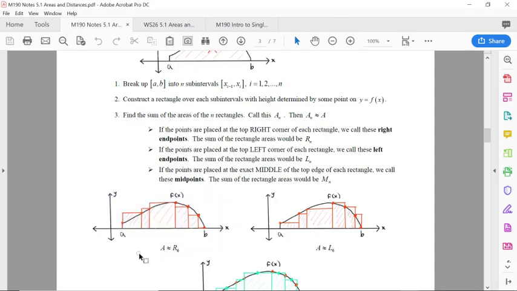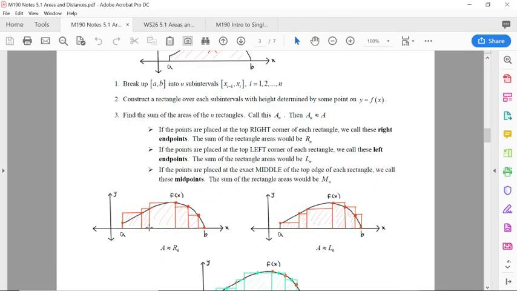So for this right endpoint one, this x value right here would be called x1 star, because it is the x value for this first subinterval, the x value that then gets related to the y value, which we can call y1 star or f of x1 star. And that y value then determines the height of the rectangle for that subinterval.